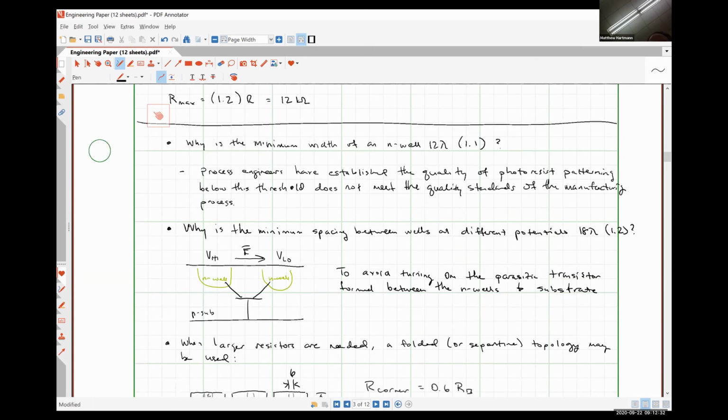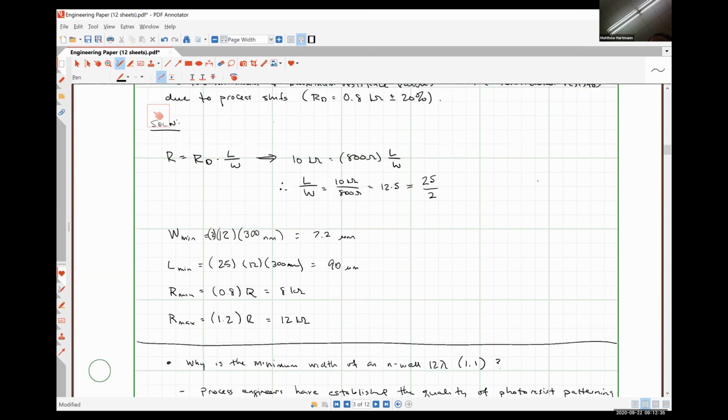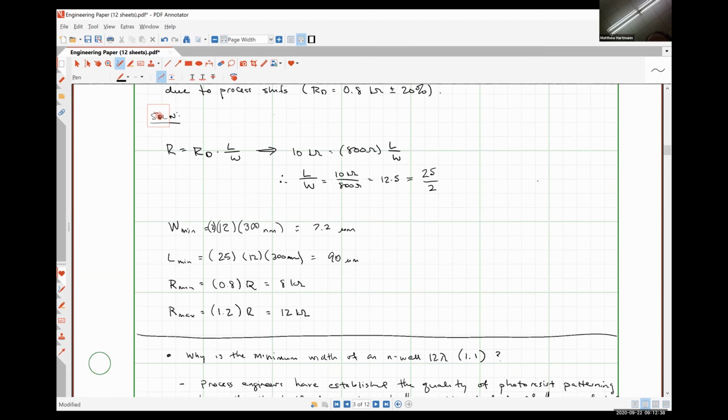Whereas our previous 10 kilo ohm resistor, so let's see, that's 25 length times 12. So this is going to be multiplied by 12, and this is going to be multiplied by 12. All right, so the length and the width are both going to be multiplied by 12. So 25 times 12 times 2 times 12. 7,200. Right, so just to be clear here.